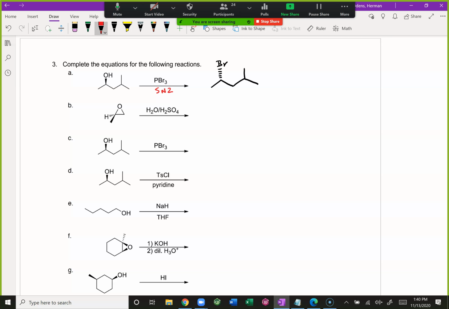Acidic or basic conditions. Ring opening of an epoxide. Acidic. Acidic conditions means SN2 borderline. So this is SN2 borderline.